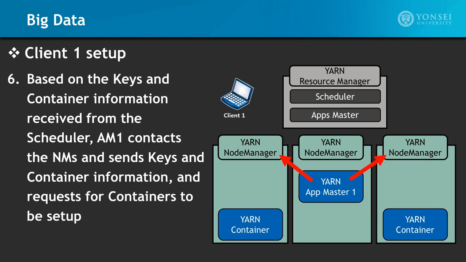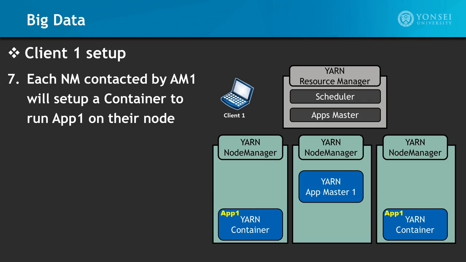Based on the keys and container information received from the scheduler, app master 1 contacts the node managers and sends keys and container information and requests for containers to be set up. Then each node manager contacted by app master 1 will set up a container to run app 1 on their node, and that's in the yellow app 1's assigned.